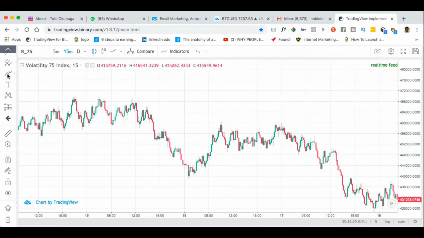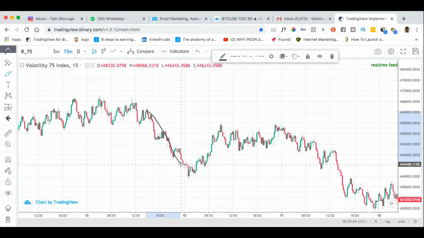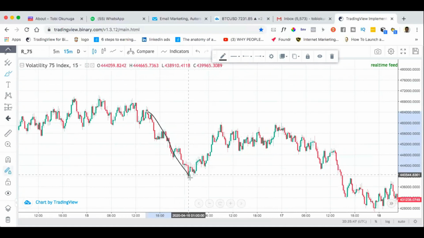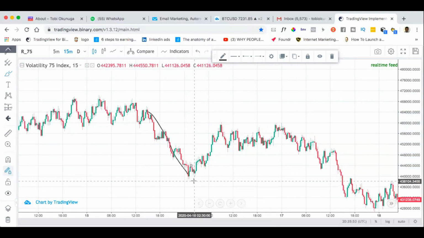So this is what I'm talking about here. This is an example here. You can see this is a downtrend. As you can see, impulse, correction, impulse, correction, impulse. Now something happened over here. You can see at this support, you can see this W pattern, W shape.